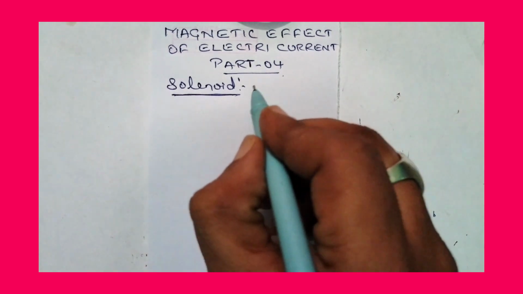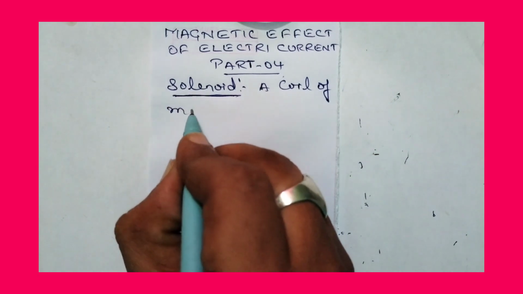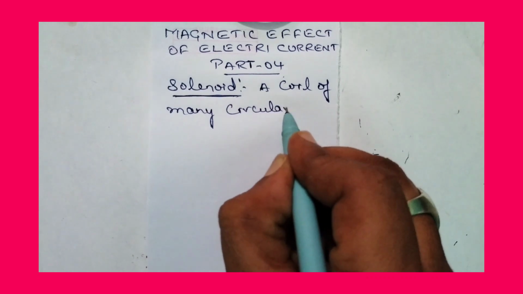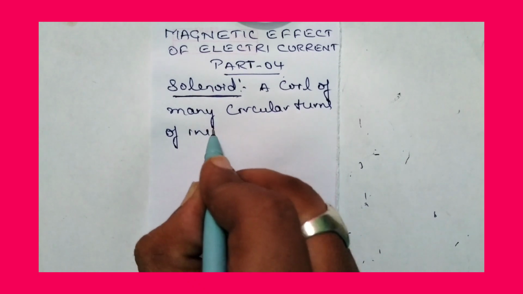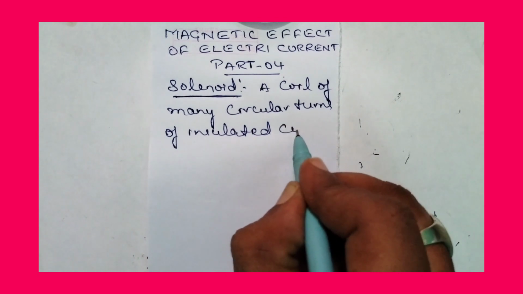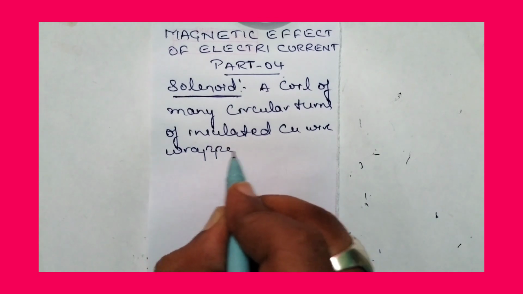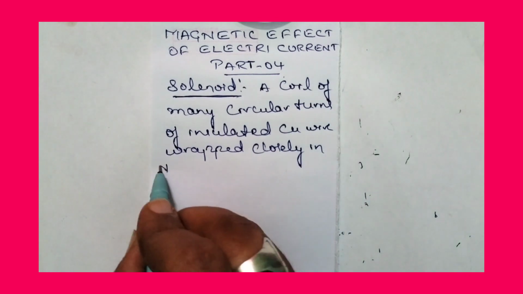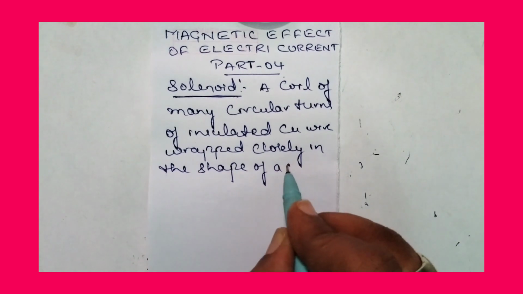A solenoid is a coil of many circular turns of insulated copper wire wrapped closely in the shape of a cylinder.